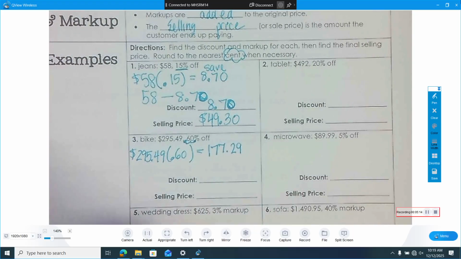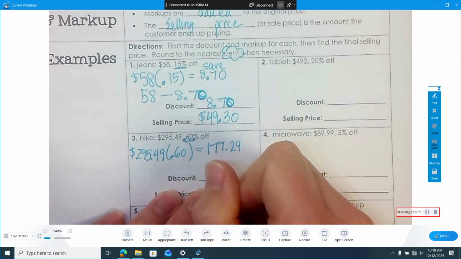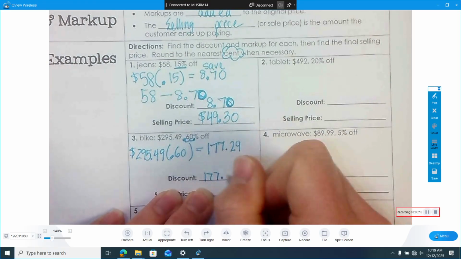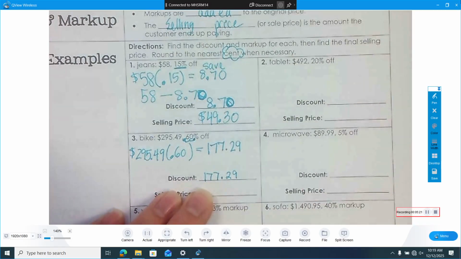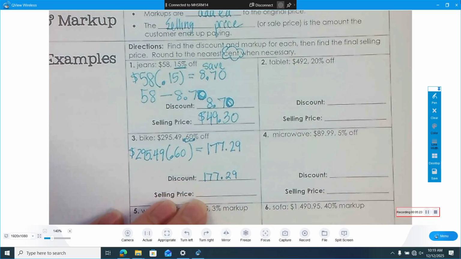What is that? That's the discount. That's how much we're saving, 177.29. Then how do we figure out the actual selling price of the bicycle? Subtract.